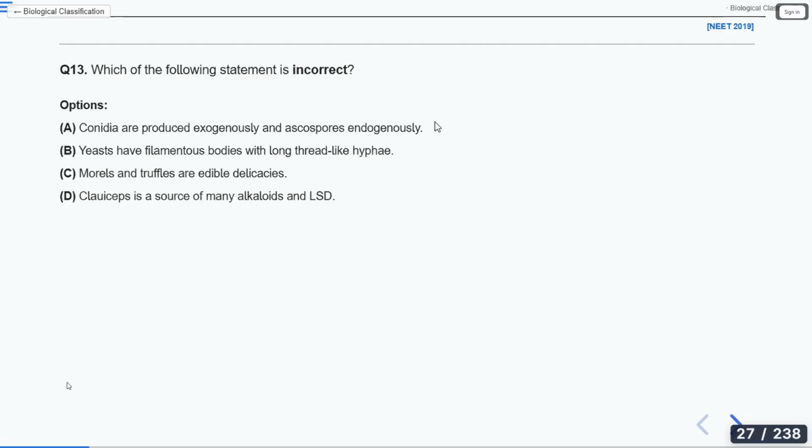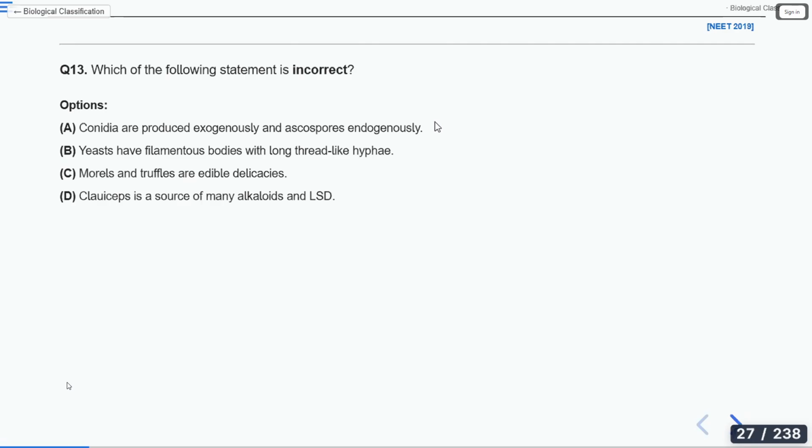Now coming to A and B. Which is correct? How is conidia produced and how are ascospores produced? So is option A correct or not?